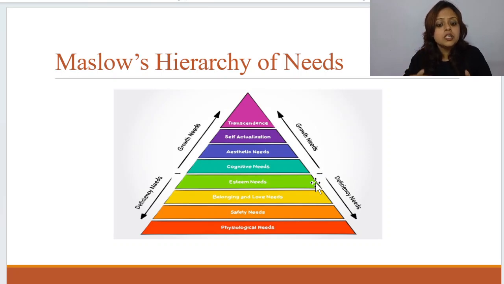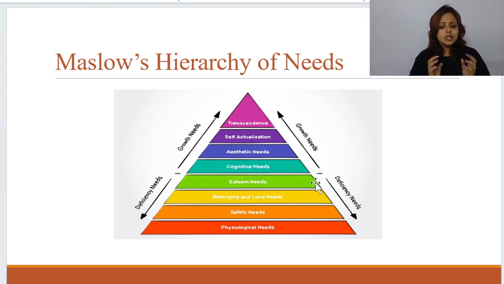The next set of needs is called growth need, under which come 4 needs, that is the cognitive need, aesthetic need, self-actualization need and transcendence need. Now, what is growth need? Growth need mainly comprises those needs which are required by an individual for their personal development.